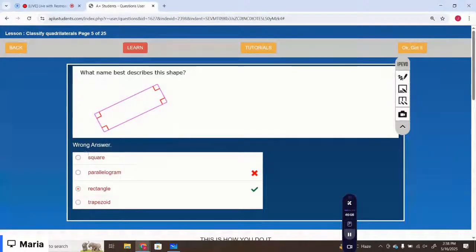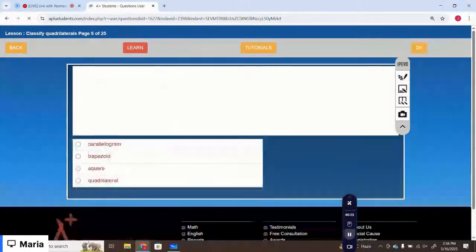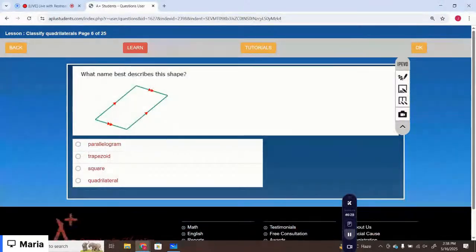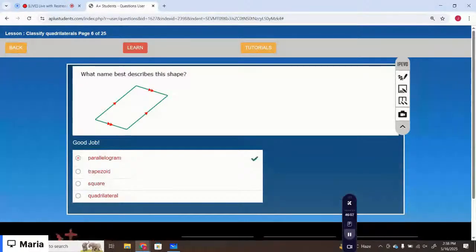Rectangle or parallelogram, right? What name best describes this shape? That is a parallelogram. That is the correct option.